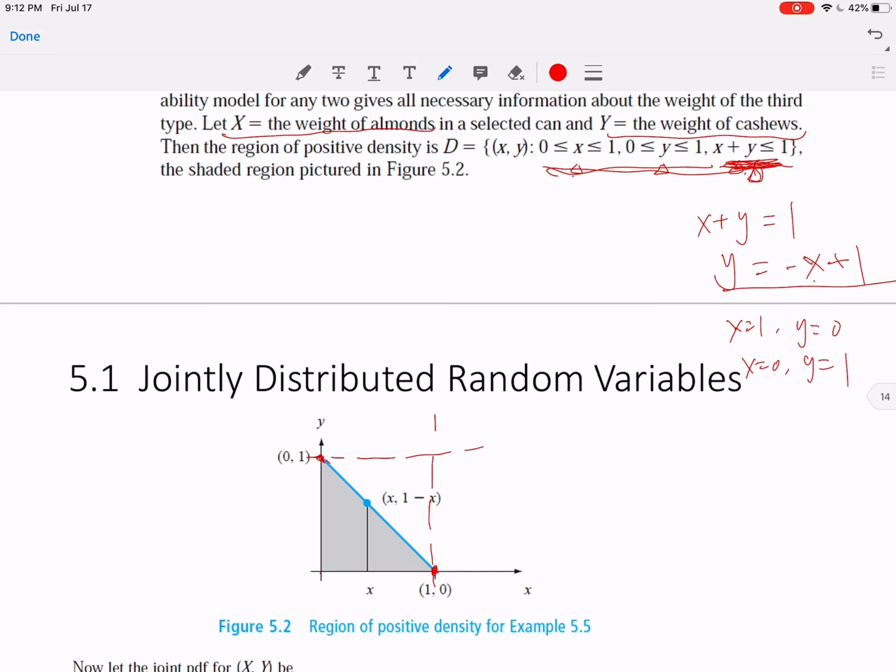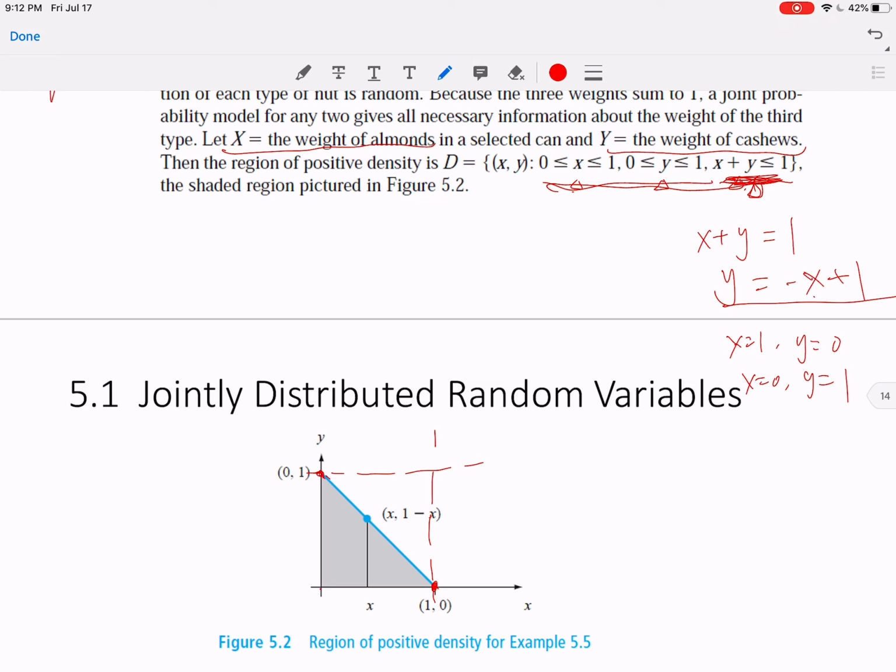And if we want to find the region bounded by those three inequalities, since we have less than or equal to here, which means we have to shade it down. We got shaded down, which is the shaded part over here, which is a triangle. Okay, not a rectangle in this case.